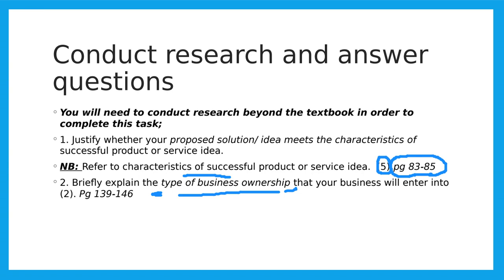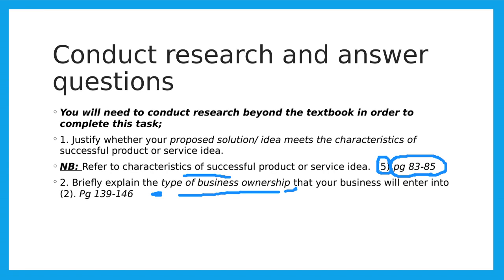If your product, your service had to come into fruition, what type of ownership would you set up? And again, there are many different types of ownerships, and it's what is most suitable for your idea. So every student here would have a different answer. It's what is most suitable for your idea.